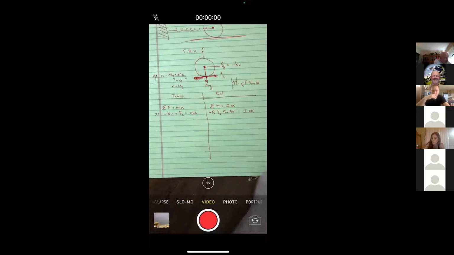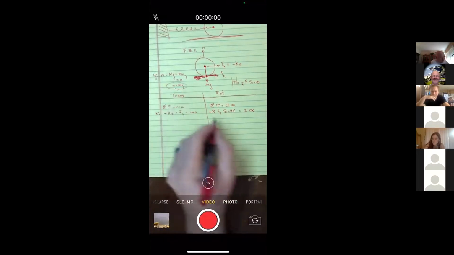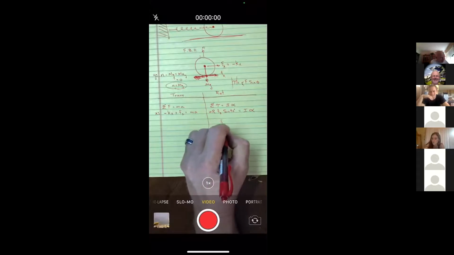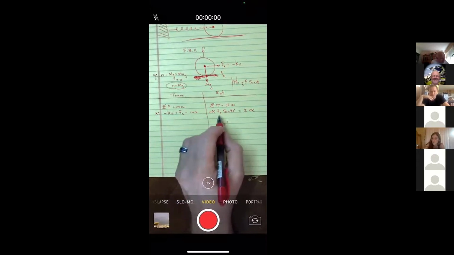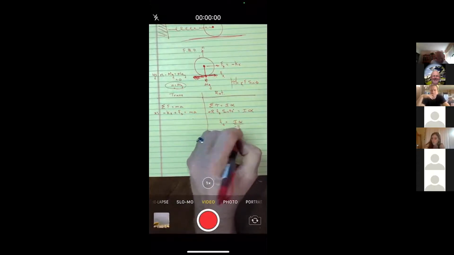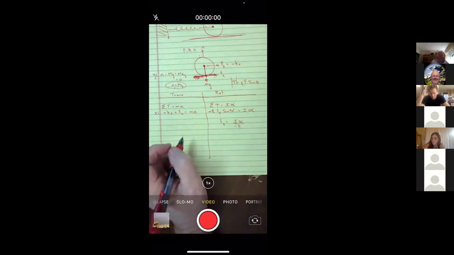Now, here's where the math comes together. Here's why I didn't think I would need the normal force. Usually you need the normal force when you've got to calculate the friction. And so here I can move the negative R over to there, and the sine of 90 is just 1.